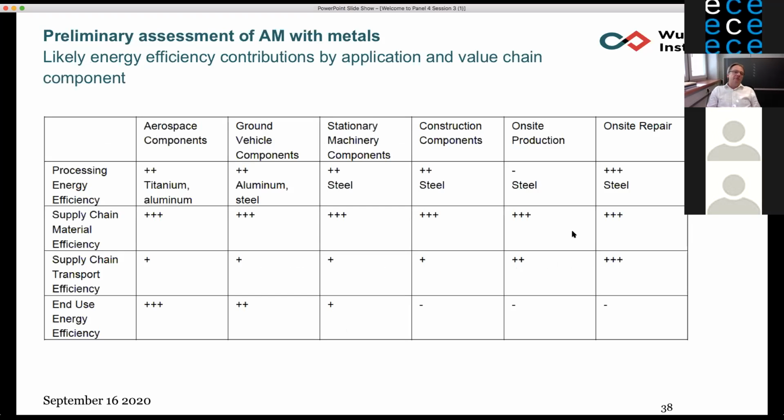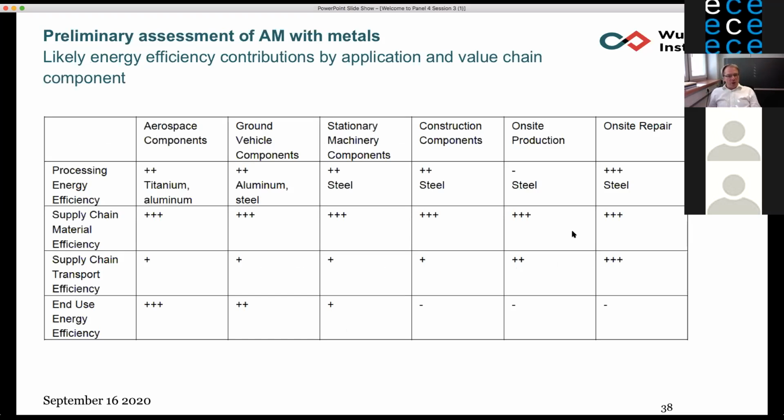Yeah, so we can come up with a preliminary assessment of AM with metals with regard to energy efficiency. And you can see here, on the top, are the various use cases of metal objects that are processed using additive manufacturing.